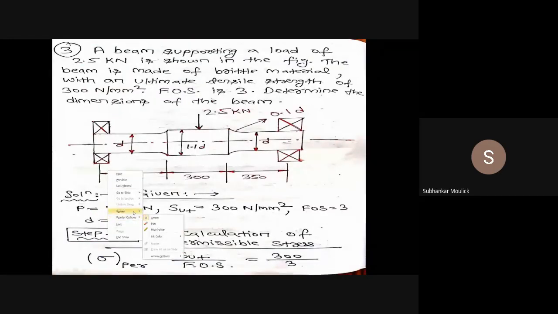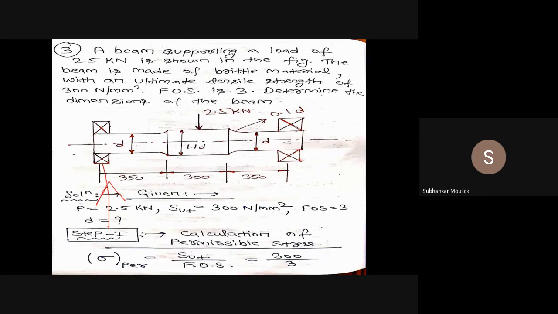For the middle portion, the bending moment will be RA into this distance. And this distance will be 350 plus 300 by 2. 300 by 2 is 150, so 350 plus 150 is 500.